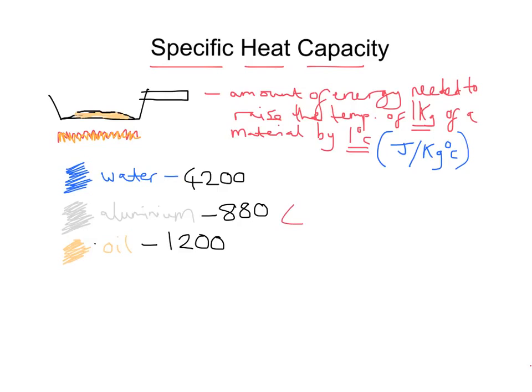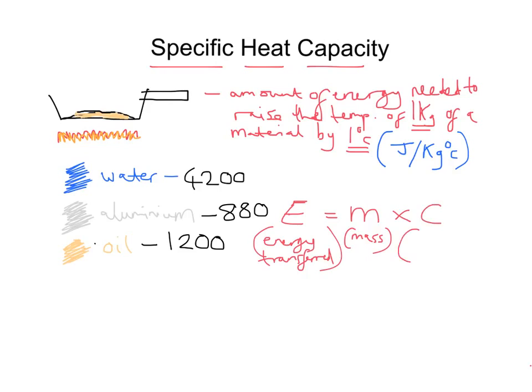So we've got E, and E refers to the energy transferred, is equal to, and we said it depends on the mass, so that would be our value for M, and that M is our mass, times by C, and C is the symbol we're going to use for specific heat capacity, and we're going to multiply that by this symbol theta, and that represents our temperature change. So we'll just put temp change there.